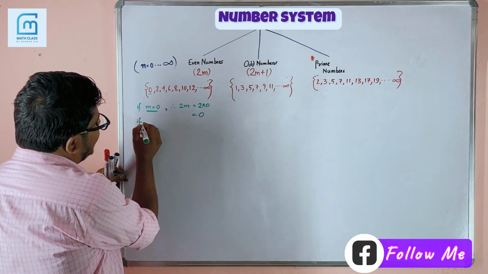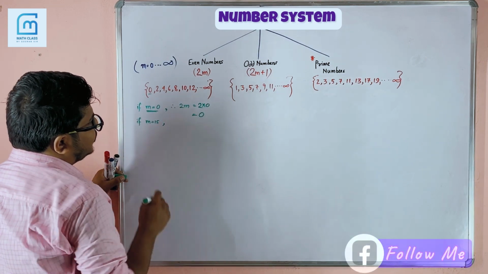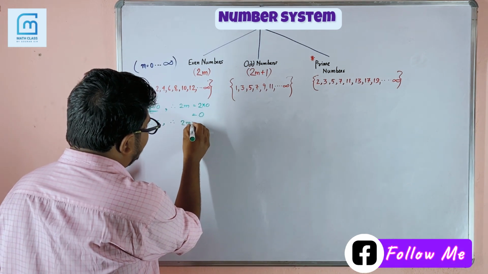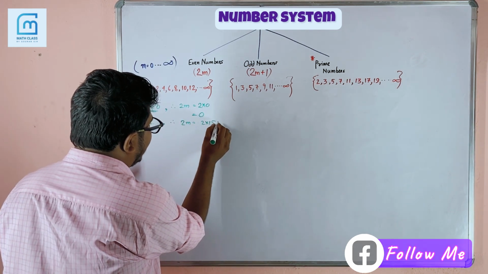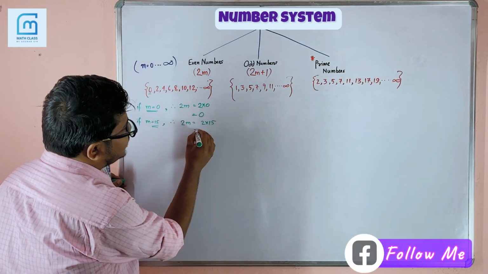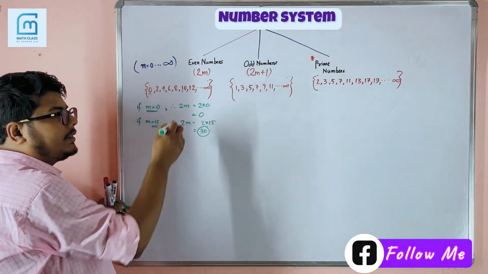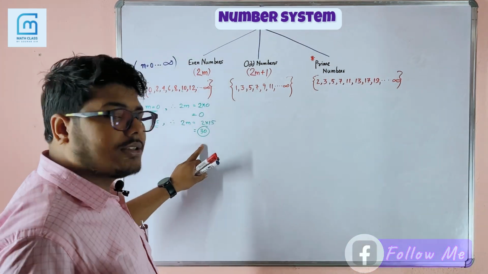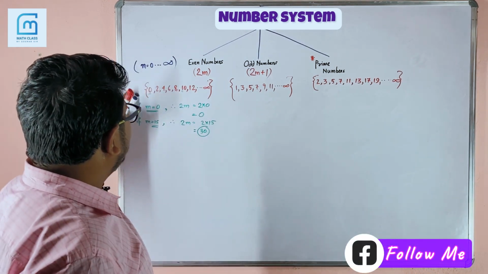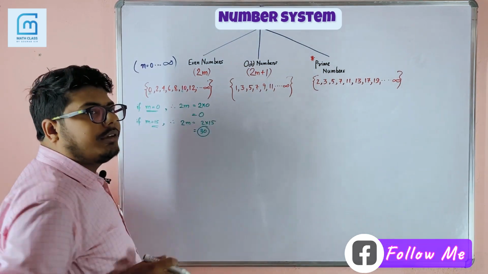Second, suppose m equals 15, okay, random numbers I am choosing, so 2m will be equal to 2 into 15, as I have already taken the value of m as 15, so it will be 30. See, this is also a multiple of 10, and as 10 is divisible by 2, 30 is also divisible by 2, and that's why it is also an even number. So you can say 2m is the basic or universal form of any kind of even number.